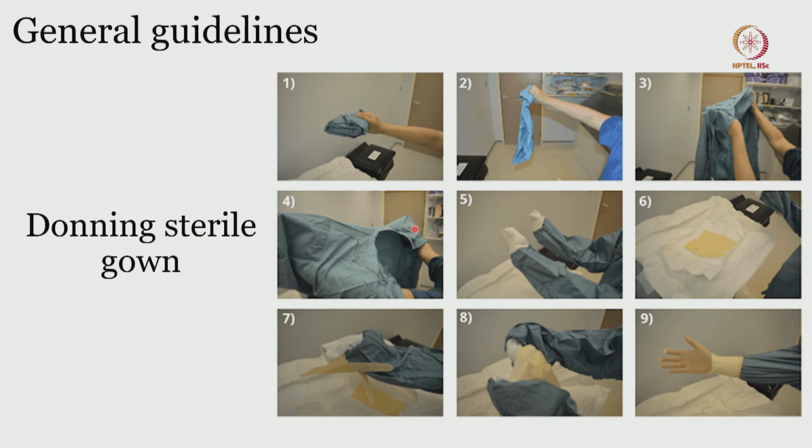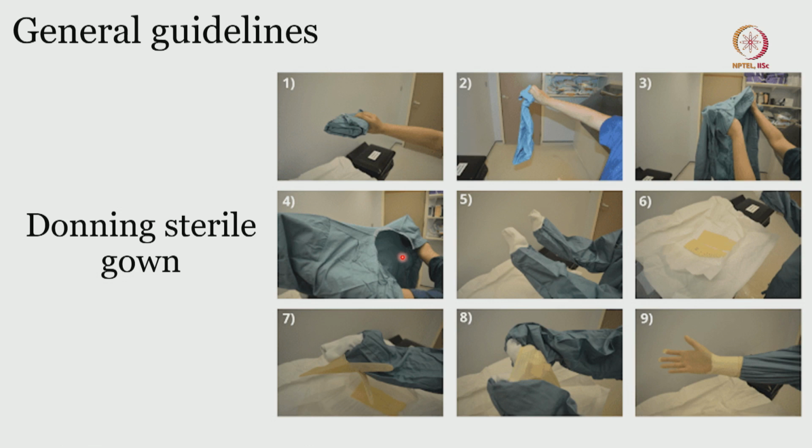This is what I am referring to as outer, this is inner. The gowns are always folded such that the inner surface is accessible. The outer surface is going to come in contact directly with the sterile field, and that is the reason why you are not going to touch the outer surface with your bare hands before wearing the gloves, because the gloves sequence comes only after you wear the sterile gown.